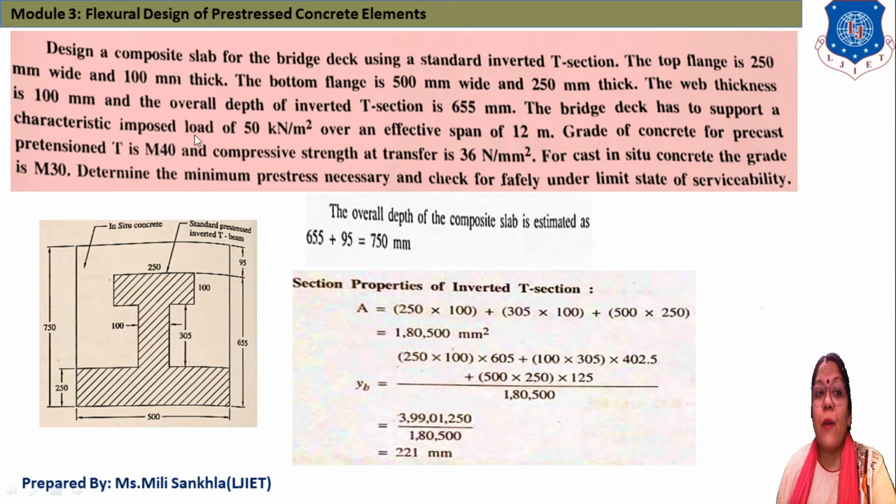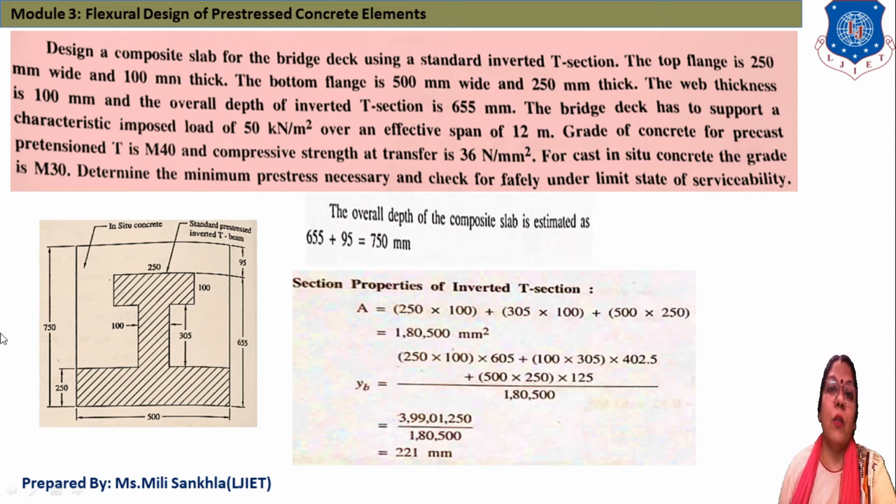A characteristic imposed load is 50 kN per meter square. Overall and effective span of 12 meter. Grade of concrete for precast pretensioned T is M40 and compressive strength at transfer is 36 Newton per mm square. For cast in situ concrete, the grade is M30. Determine the minimum stresses necessary and check for safety under the limit state of serviceability.